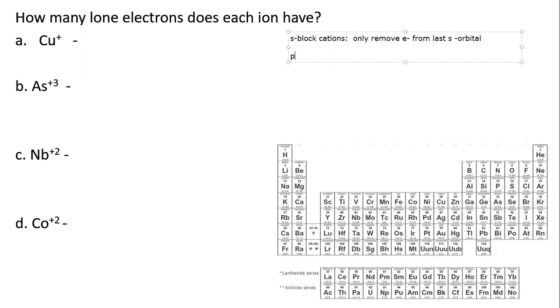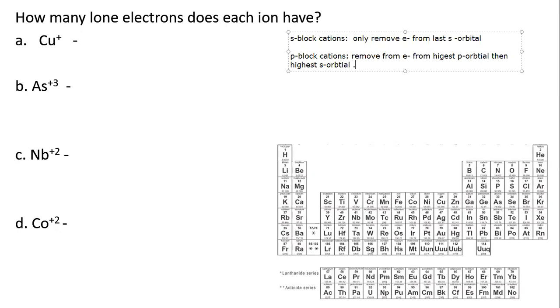With that said, when we go to p block cations, remove electrons from the highest p orbital, then the highest s orbital.